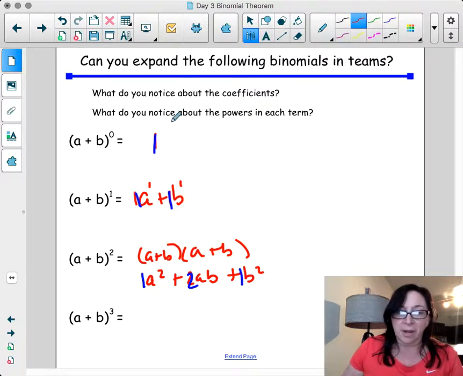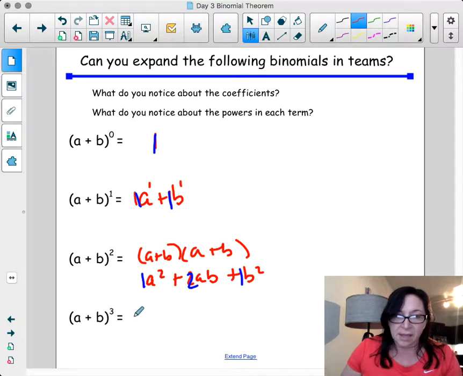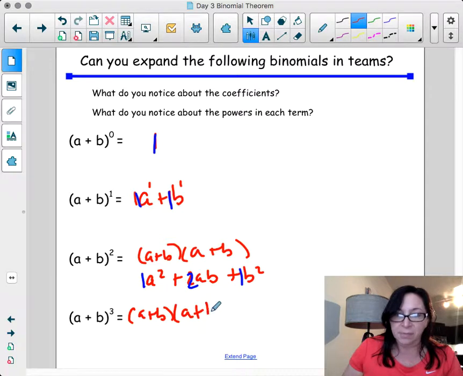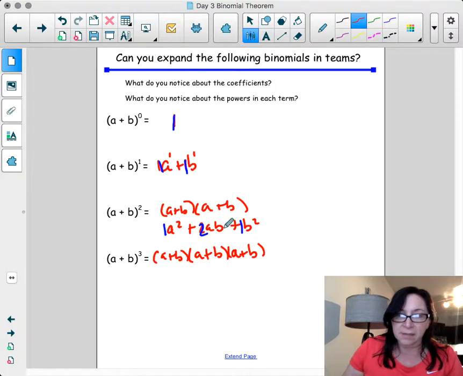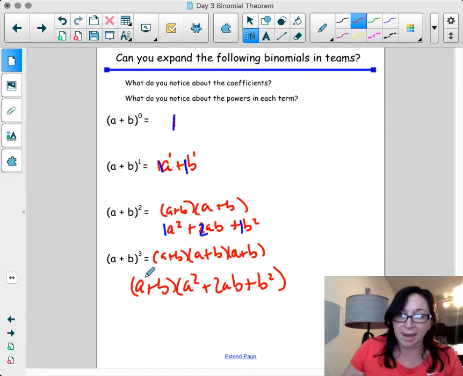And if I multiplied this out, which is actually A plus B times A plus B times A plus B, what I'm going to get is this right here, A plus B times A squared plus 2AB plus B squared, and I need to multiply that out.